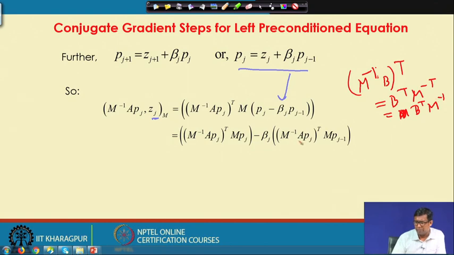So, this will be A p j transpose M inverse M p j, and M inverse M will be an identity matrix. Similarly, this is A p j transpose M inverse M p j, and p j transpose A p j minus 1 will be a 0 vector, because P is an A conjugate matrix.